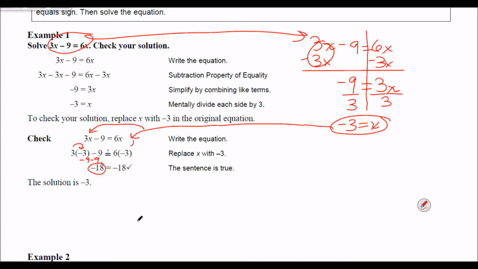And so we plug it in here where the x is at. So 6 times negative 3 gives me negative 18. And then we check. Is negative 18 equal to negative 18? Yes, the sentence is true. So because it's true, we know that our answer of negative 3 is correct. Okay? All right, example number 2.